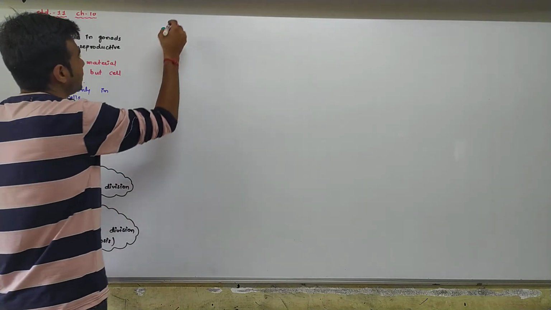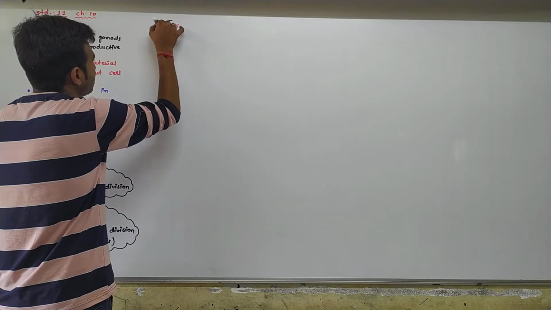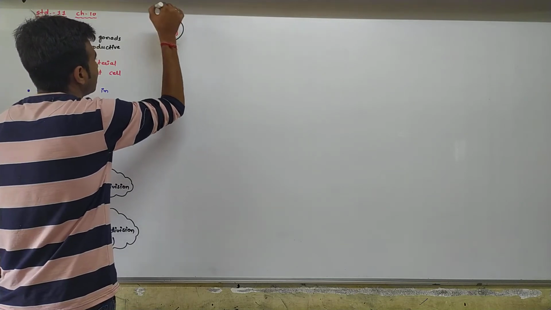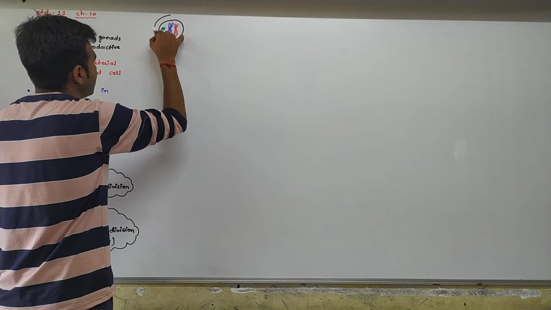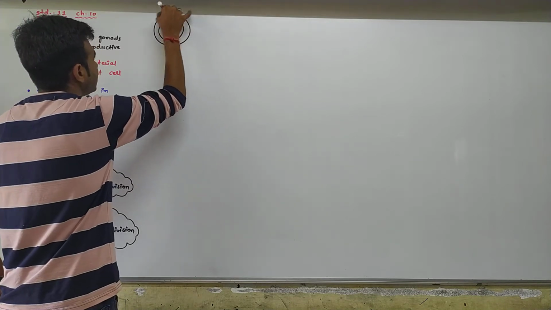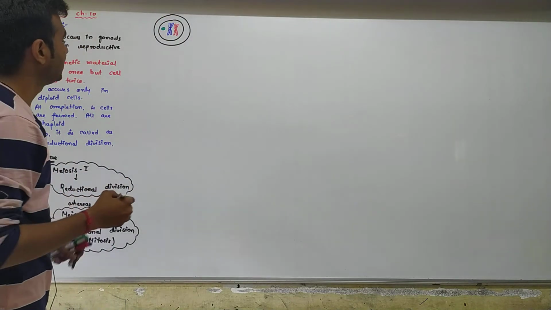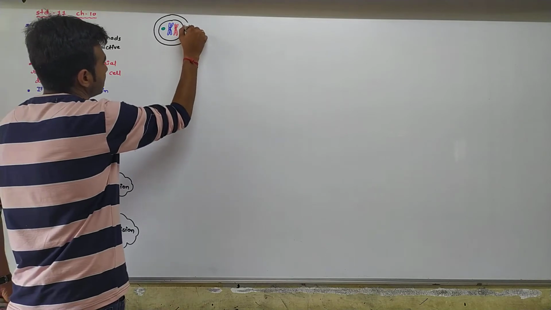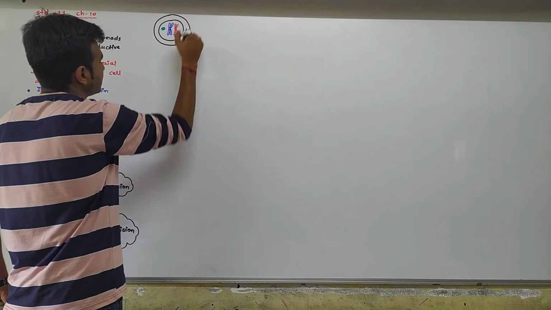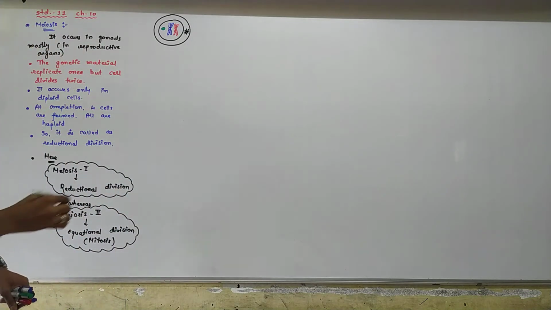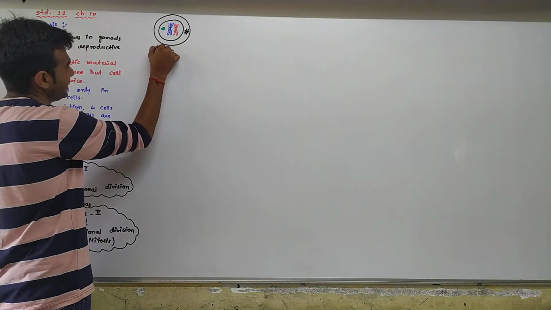Now I can draw the nuclear membrane and then it is surrounded by the cell membrane here, and inside that the centriole is present. So this is known as the parental cell.